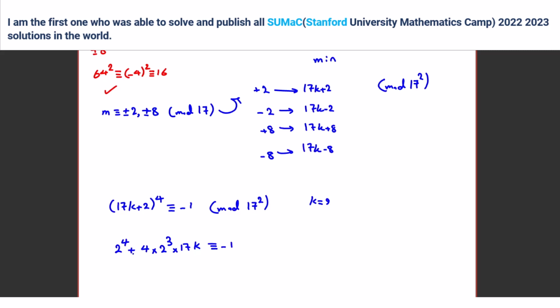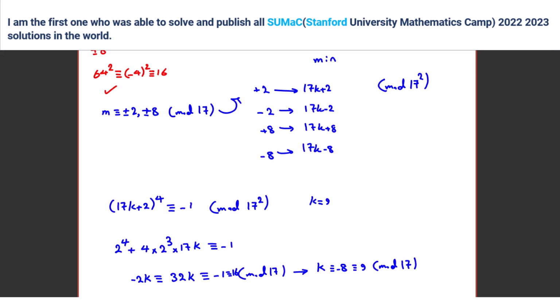So 2 to the 4 is 16, which is negative 1 mod 17, and we can divide by 17, 4 times 8 is 32k. 32k is negative 2k, right? And negative 1 is 16. So k is negative 8, which is 9 mod 17, right?